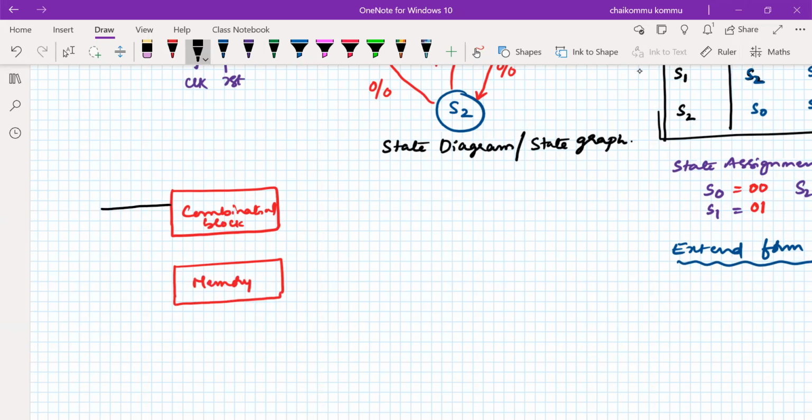It is affected by the primary input signal, and it will produce the primary output signal, right?